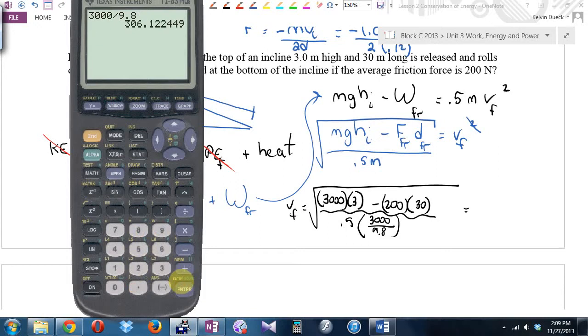I'll store that in my calculator, and I'll use my answer button when I get there. It's going to be bracket 3,000 times 3 minus 200 times 30, close off the top, divided by bracket a half times the mass, which is 3,000 over 9.8. And then what do I do with that answer? Square root. Is this going to work out evenly? Oh, no. Okay. 4.43 meters per second? Yeah? No?